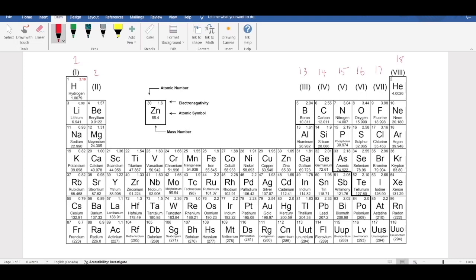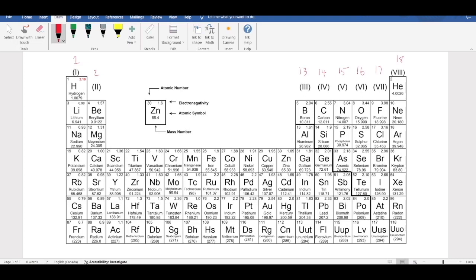How many valence electrons? Well, group 1 will always have just one valence electron. Just look at the number itself. If it's 1, it's 1 valence electron. If it's 2, it's 2 valence electrons. Then we're going to skip all the way up to 13. Only look at the very end here, which is going to be the second number. So that will be 3.